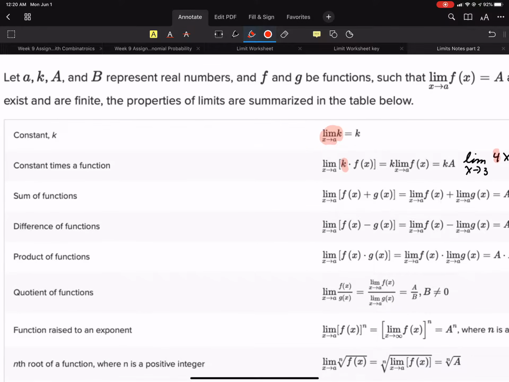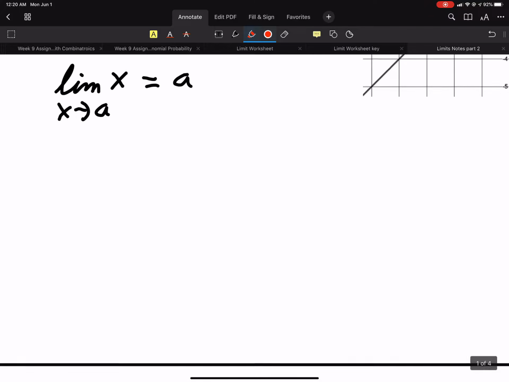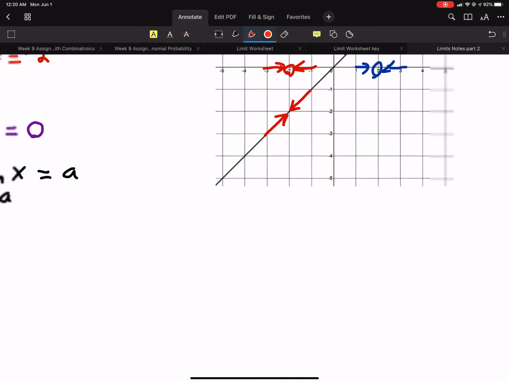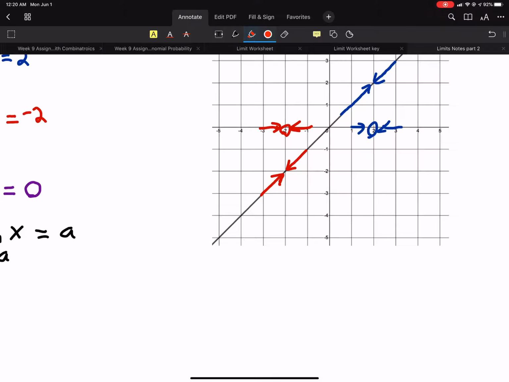I summarized it for you right here. So if you have the function y equals x, as x approaches a, it's going to be a. And hopefully you remember that from this graph. Whatever x gets close to, y gets close to, because x and y are the same.